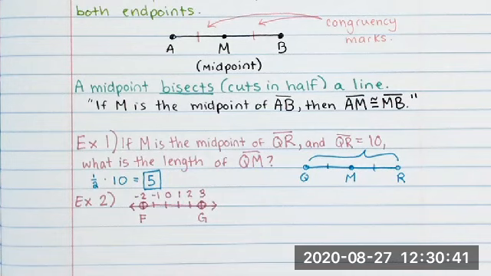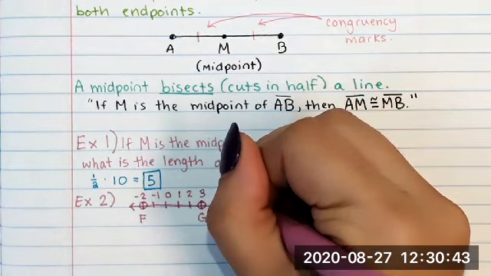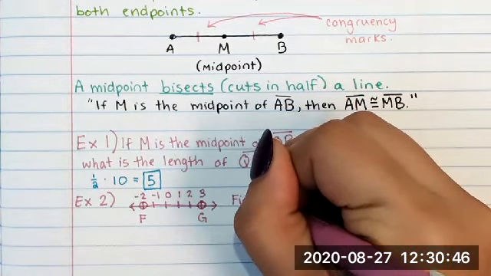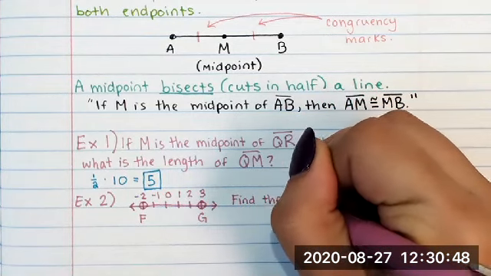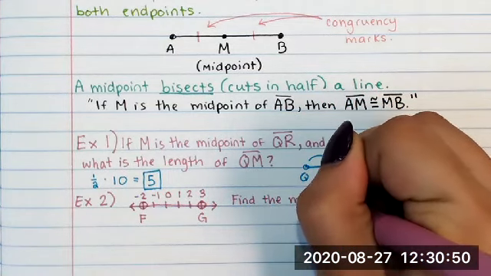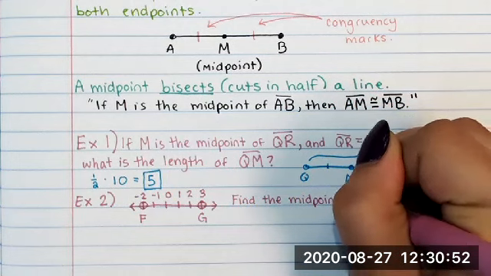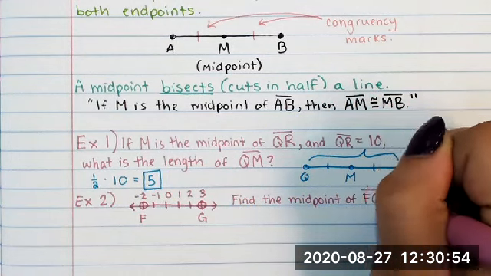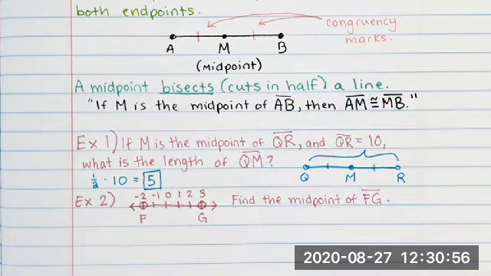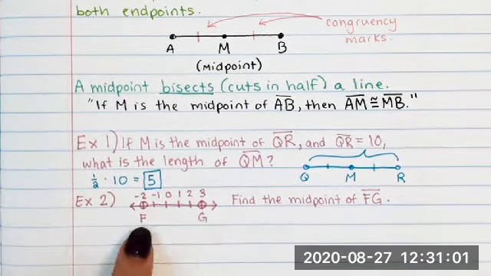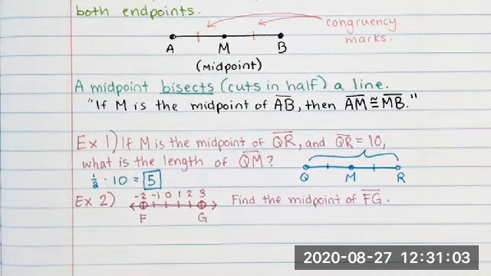We're going to ask, find the midpoint of FG. So here I can see that I've put it on a number line. And that's another way that we talked about that we could see a line segment. We looked at that yesterday.